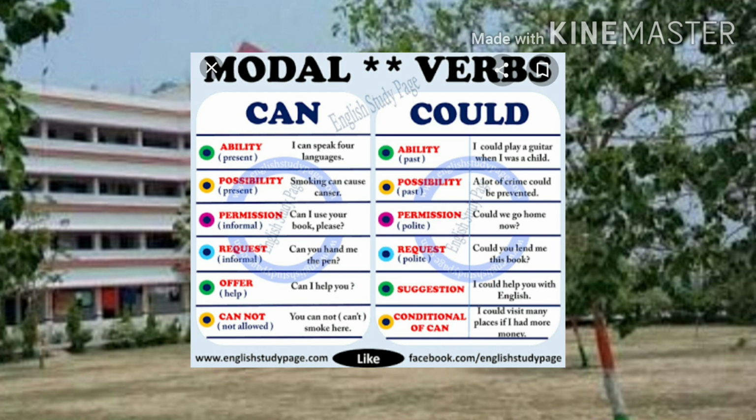Permission, informal. Can I use your book, please? Permission, polite. Could we go home now? Request, informal. Can you hand me the pen? Request in polite form. Could you lend me this book? Offer in present.